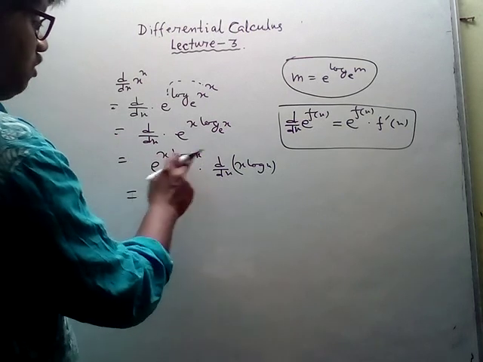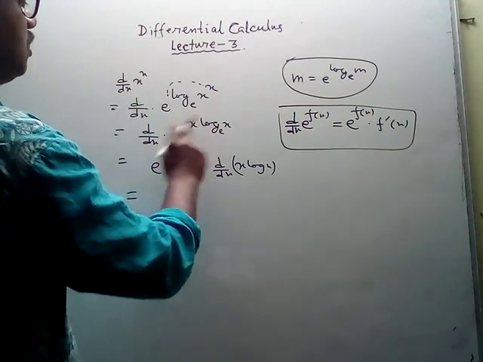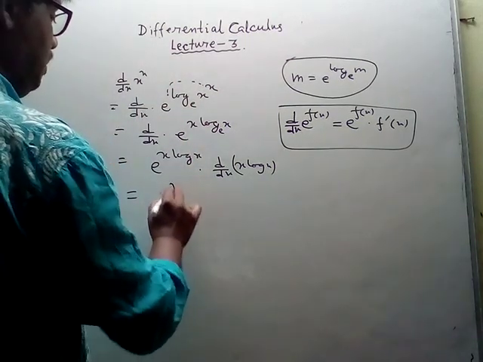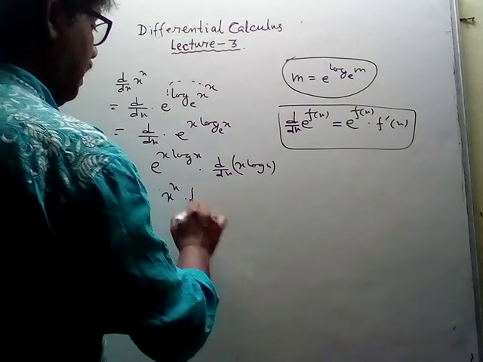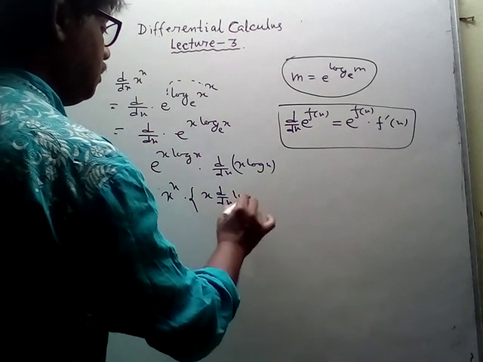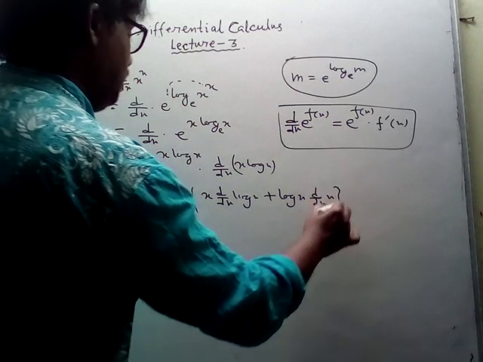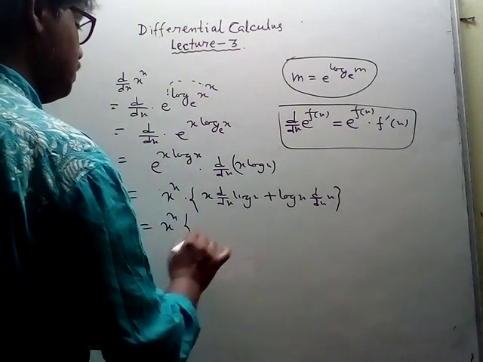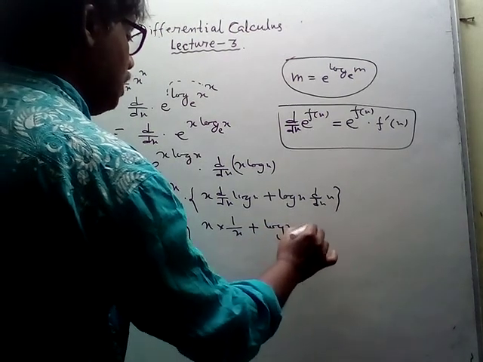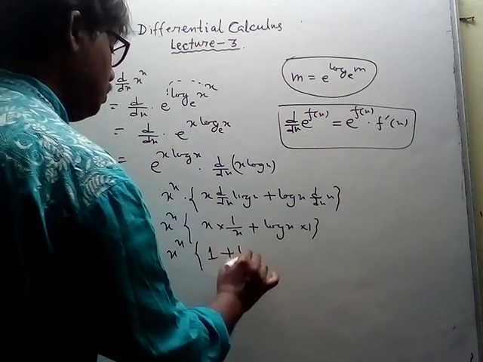Now e power x log x means x power x. And for x log x, take x into d/dx of log x plus log x into d/dx of x. So x power x, x into 1 by x plus log x into 1, gives x power x into (1 plus log x).